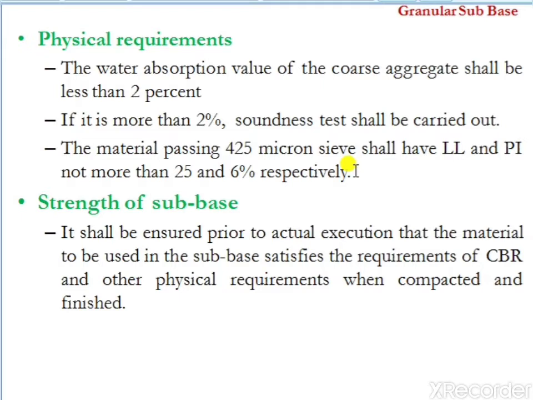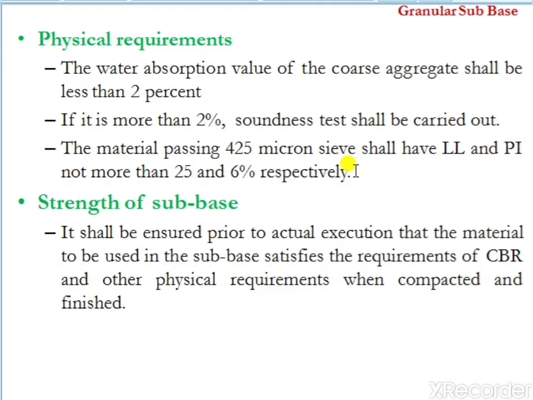After the surface undergoes drying, the material is again weighed, and let us consider that weight as W2. So W1 be the weight of aggregates in its dry condition and W2 be the weight of aggregates after keeping it in water for 24 hours.